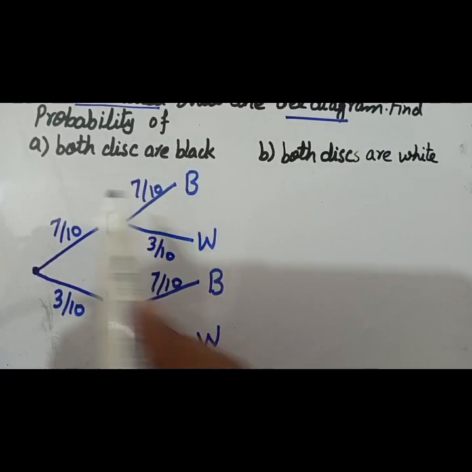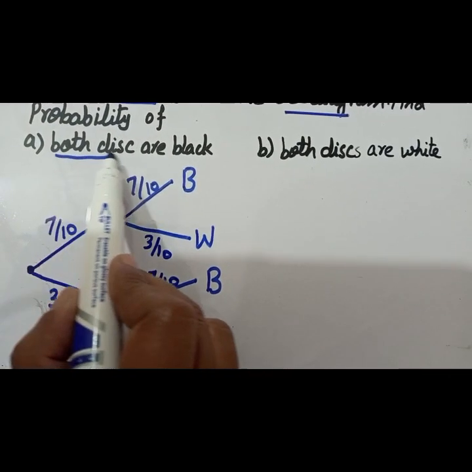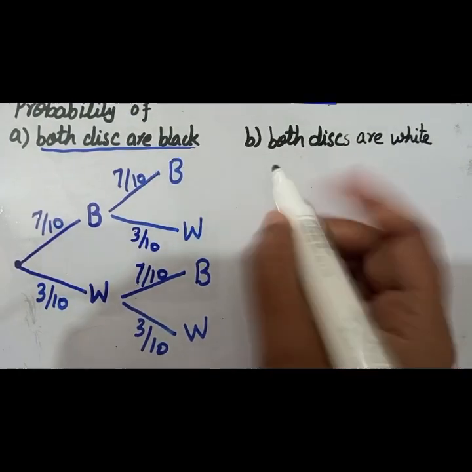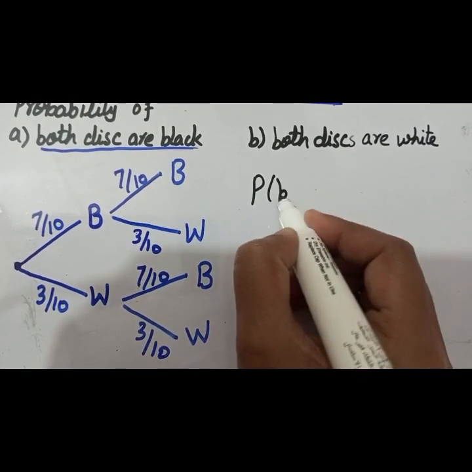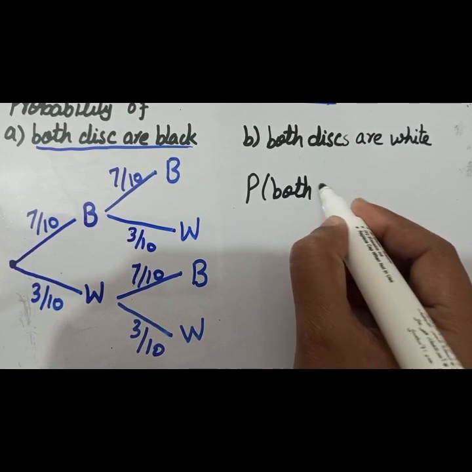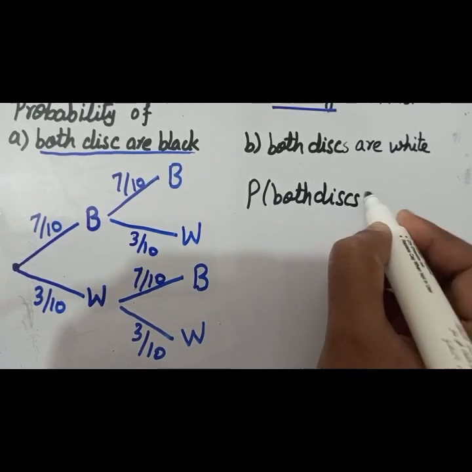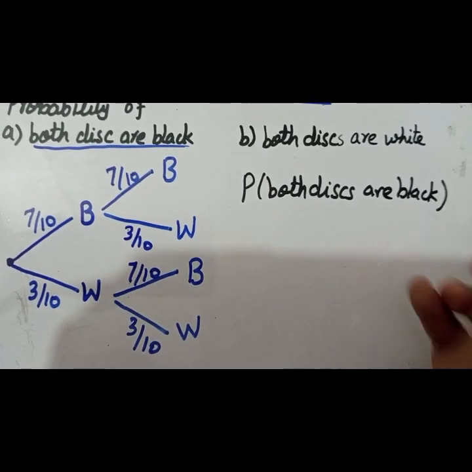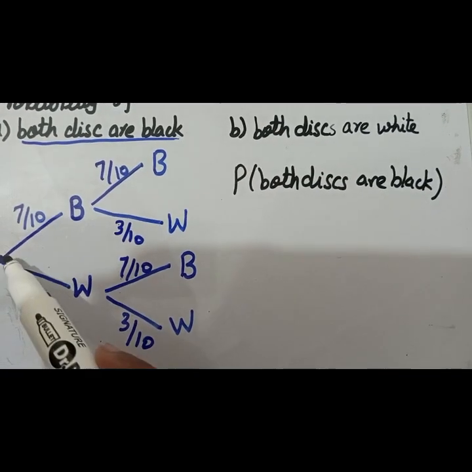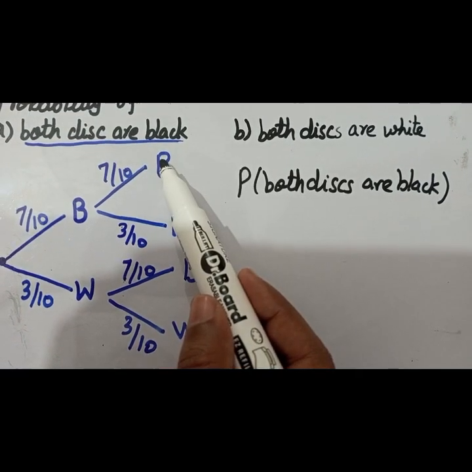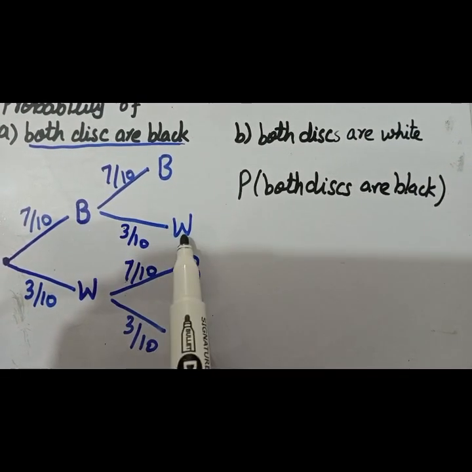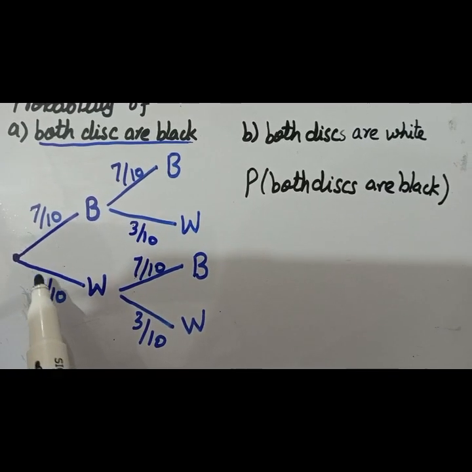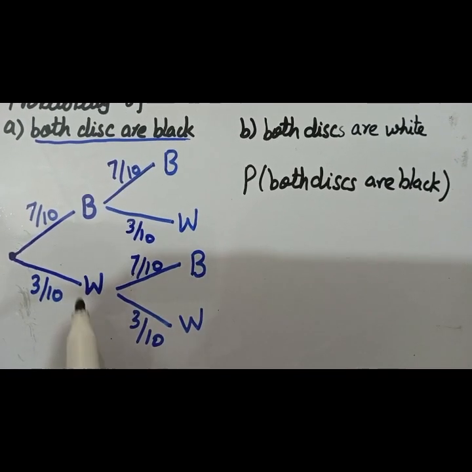Now move toward part number A. Both discs are black. It means I have to find out the probability that both discs are black. Now see over here, black, black. If you match this with this one, you will get black and white. Same way, white and black.